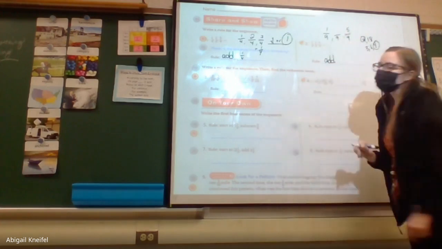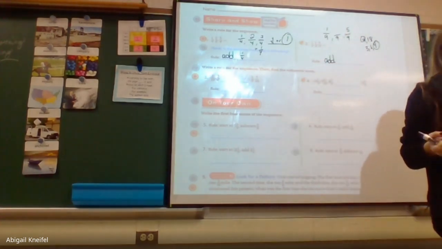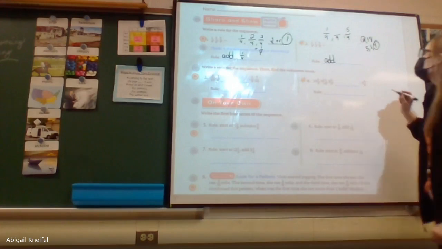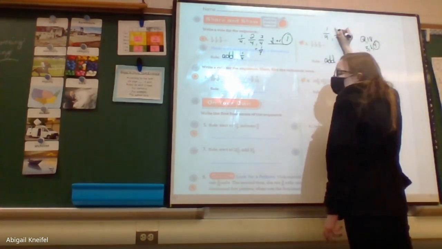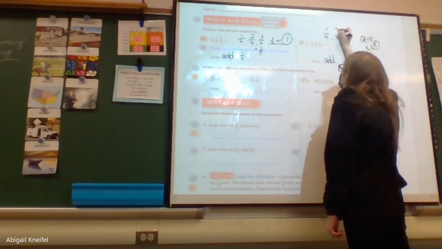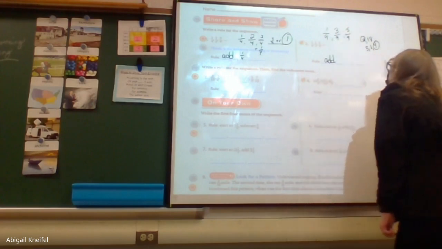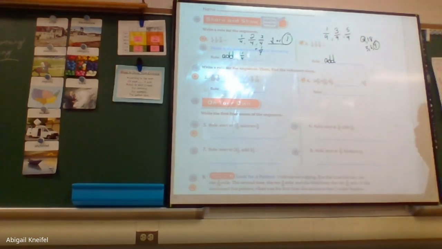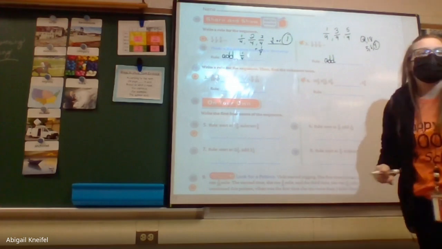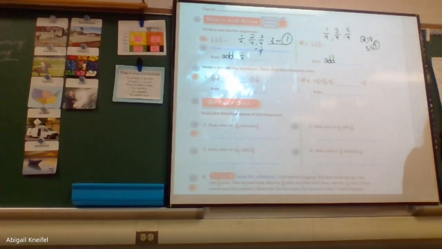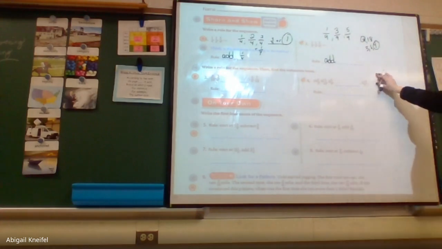How many times do I multiply 3 to get to 9? 3. And 3 times 1 is 3. So now I have 1/9, 3 9s, 5 9s. What am I adding to get to the next term each time? I have 1/9 to 3/9.